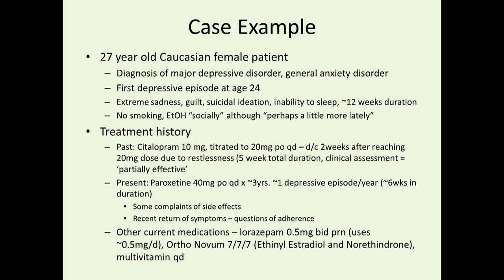Alcohol use per patient was social amounts, though perhaps a little more at the time of her presentation. So she was started on citalopram, or Celexa, which was a medication I just mentioned, 10 milligrams, which is a relatively low and conservative starting dose. Titrated to 20 milligrams per day, which is a very common initial target dose for this particular medication.